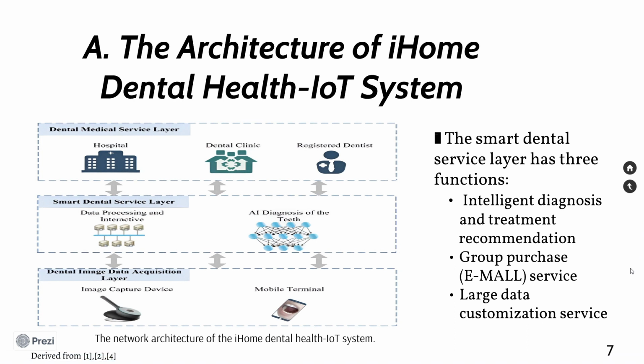First we capture the image, it's given to the mobile terminal, the terminal gives it to the smart dental service layer, which uses deep learning to diagnose and identify the problem, and then it lets us know and lets the medical service layer know and gives us a registered doctor's contact, so that our appointment process and treatment process can be taken further.